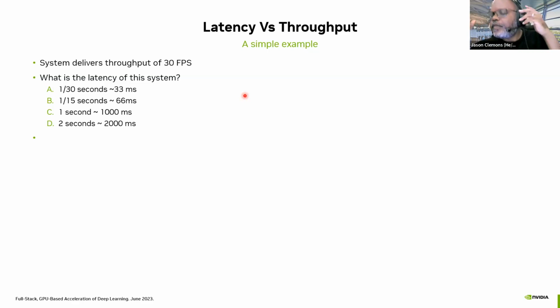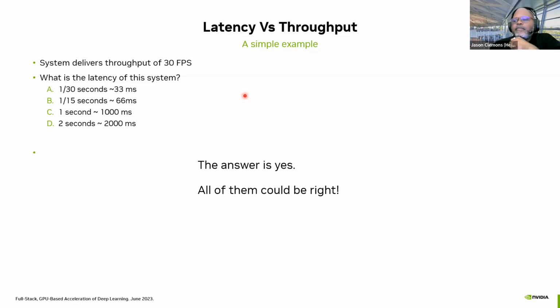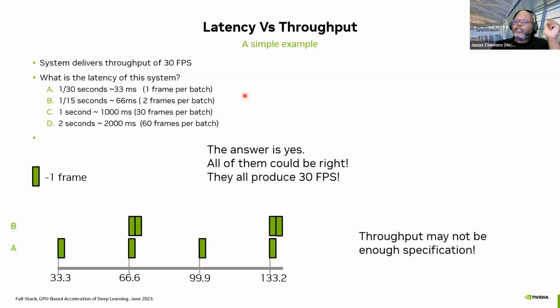All right, so the actual answer to this is yes. All of them could be right. It turns out, literally, I can deliver 30 frames per second on average with any of these answers. And it deals with the fact that throughput by itself is not usually enough to actually specify your system.